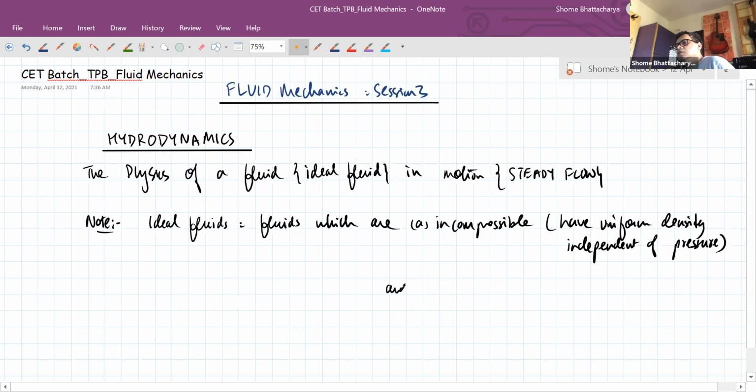And secondly, they are non-viscous. That is, negligible coefficient of viscosity.